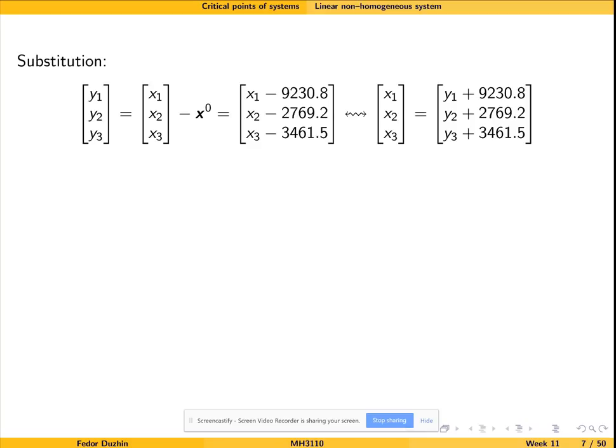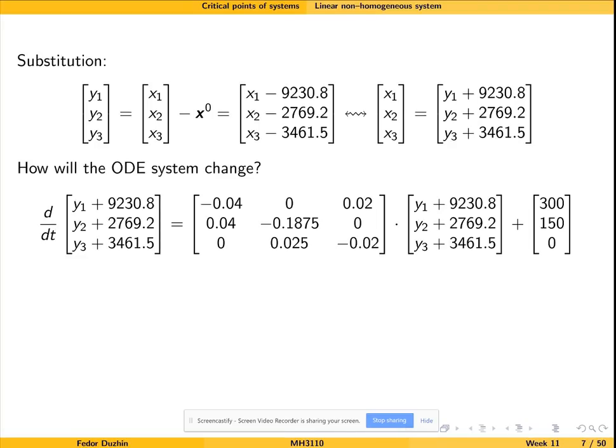Now let me introduce a substitution. I'm going to introduce new dependent variables by writing that y is x minus this equilibrium solution, or equivalently, x is y plus the equilibrium solution. The question is how does the system of differential equations change?